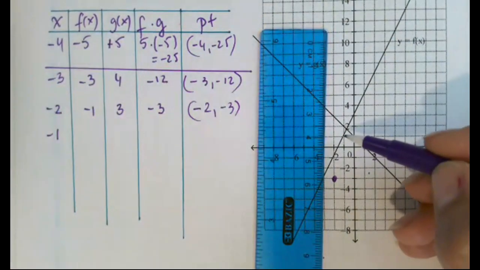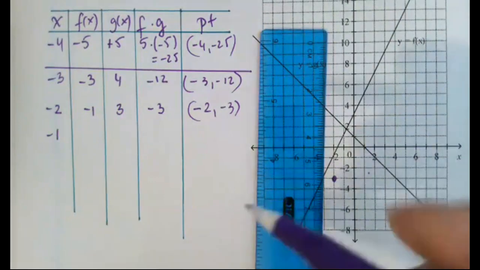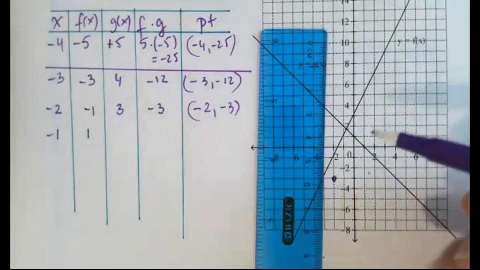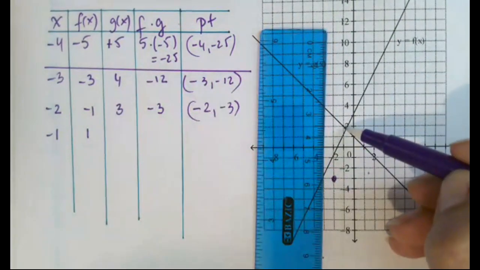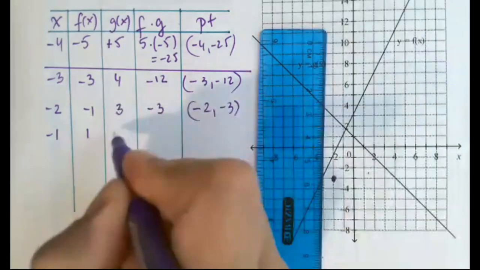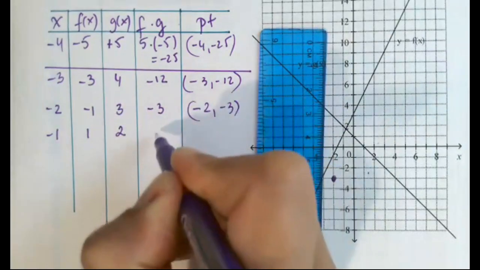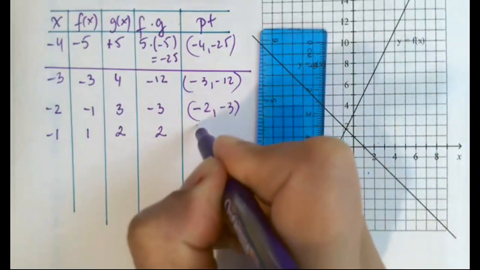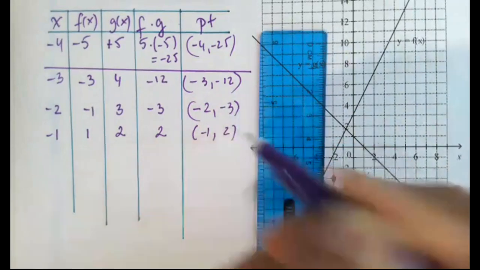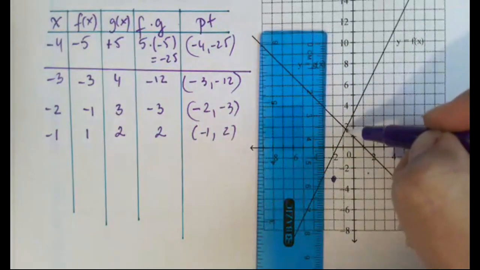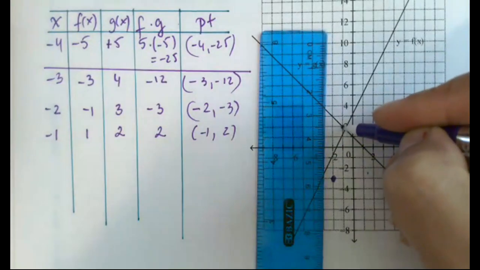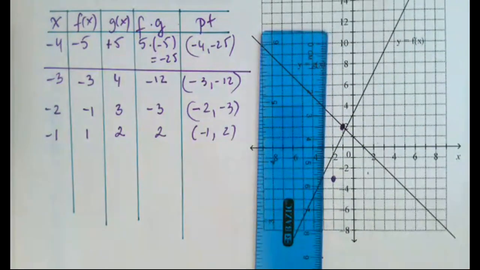Then -1. F of -1 is 1. G of -1 is 2. 1 times 2 is 2. So -1, 2. Our next point.